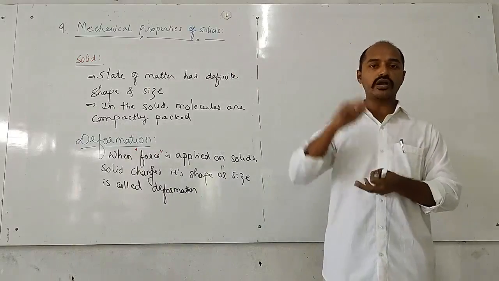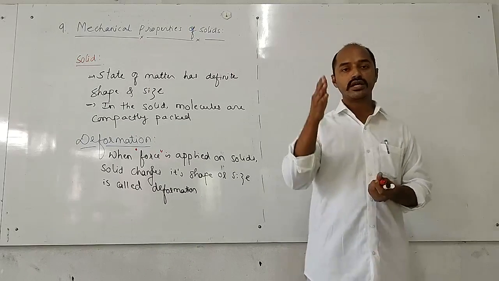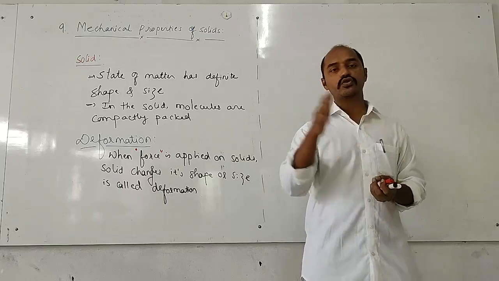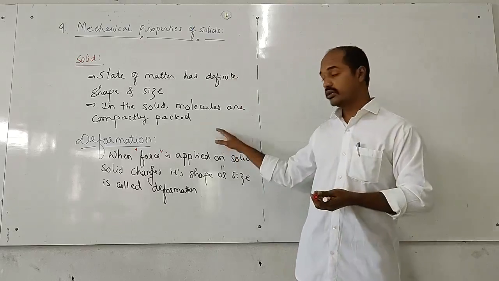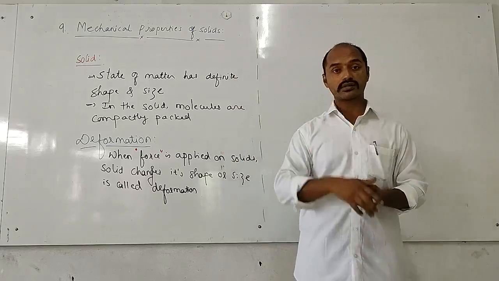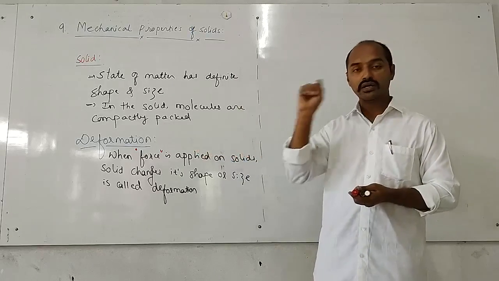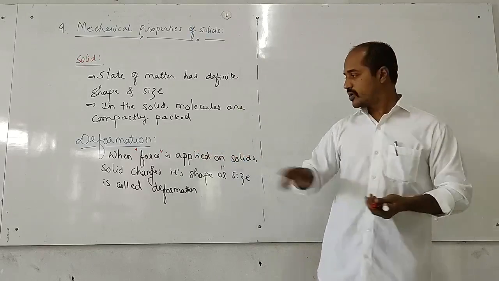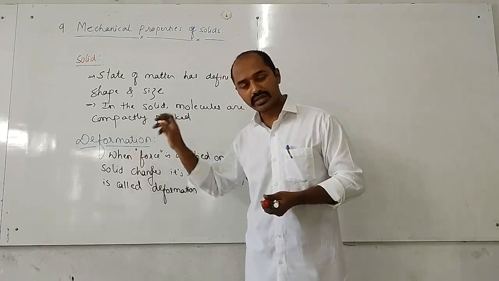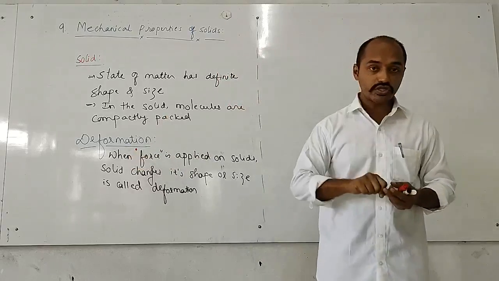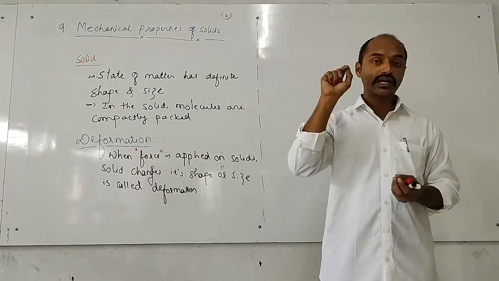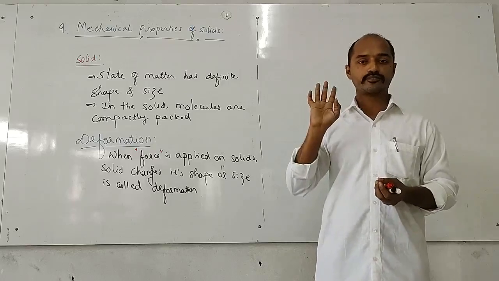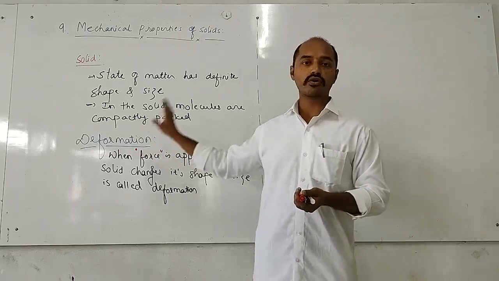We defined force as: if the body changes its state of rest to motion, then it is called a force. But here, the shape changes. Here, what do we call it? Deformation force. So this kind of force, due to which the body is changing its shape and size, such force is called deformation force.